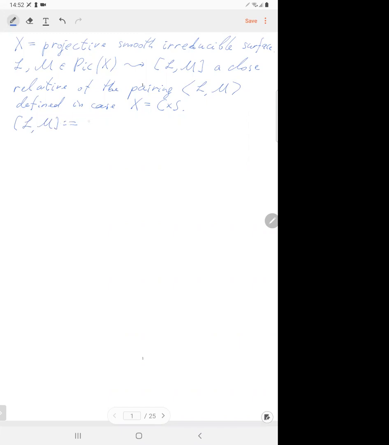So this is the Euler characteristic of the underlying surface minus the Euler characteristic of L inverse minus Euler characteristic of M inverse plus the Euler characteristic of their product.